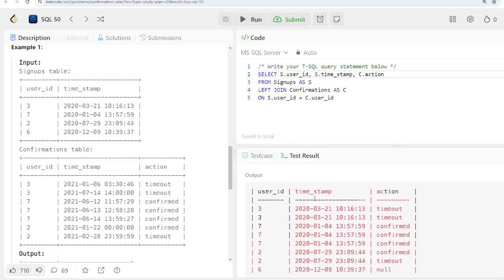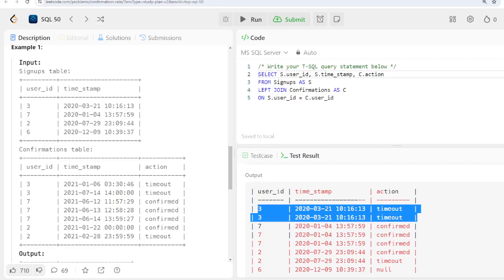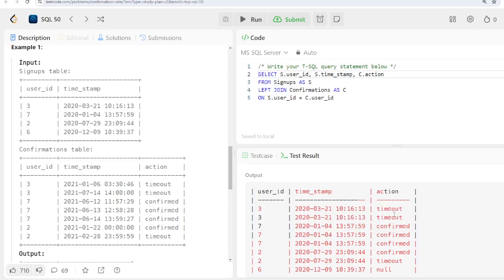Now what I need, so for example this user ID 3. Okay, so basically if I do the count of user ID group by user ID, I can get the total number of people who requested a confirmation message. Okay, that is not a problem. Now to find out the number of people whose message got confirmed, I can use the case statement. I can say case when action is equal to timeout then 0, and when action is equal to confirmed it is 1, right?